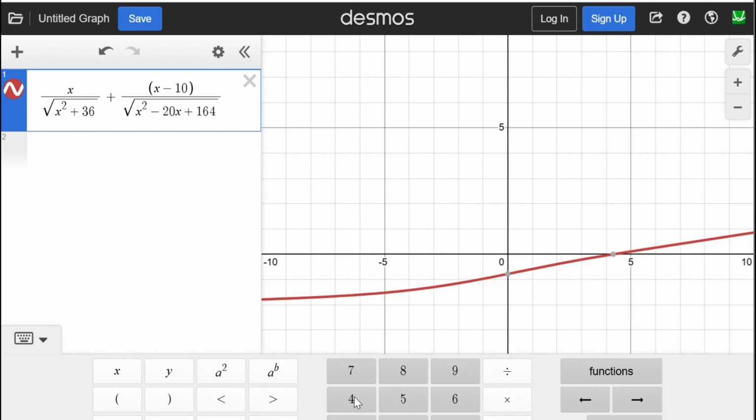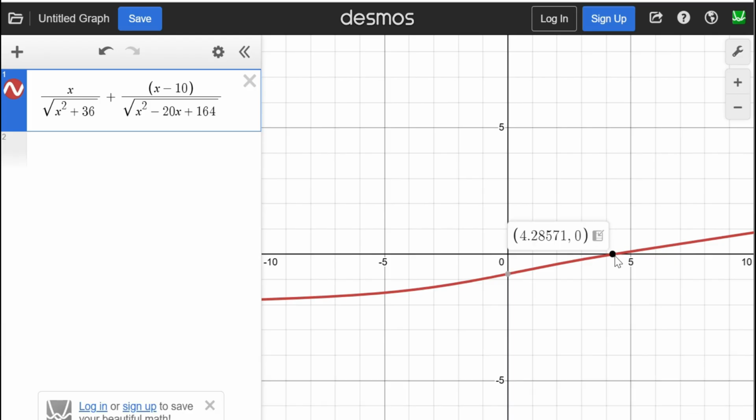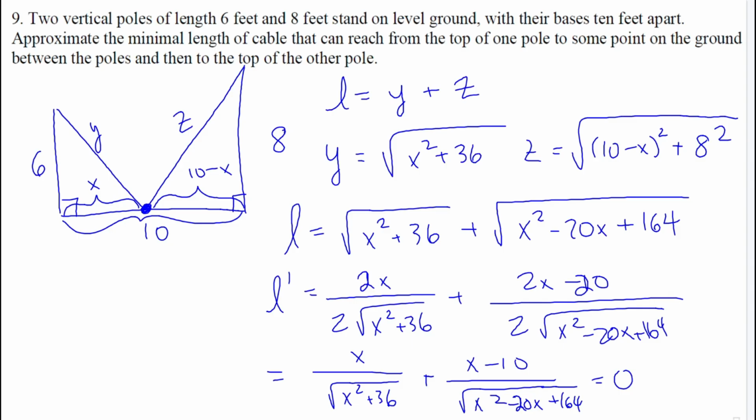And we can see that that function crosses through the x-axis right there at 4.28571, which we'll just call 4.286. So that minimum occurs at x equals 4.286 feet. So x equals 4.286 feet is where that cable should be put on the ground, 4.286 feet away from the 6-foot pole.